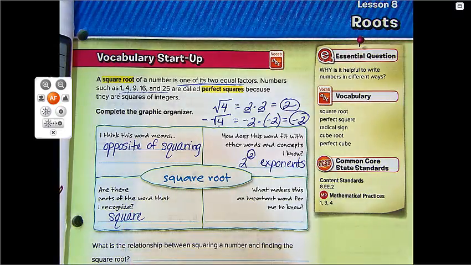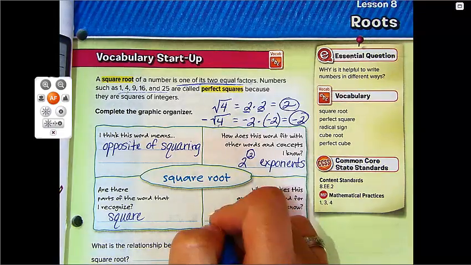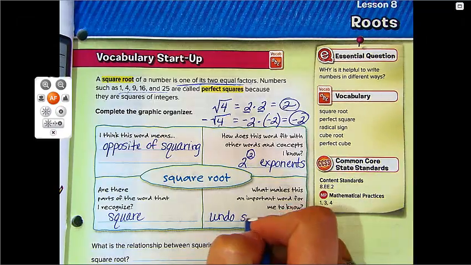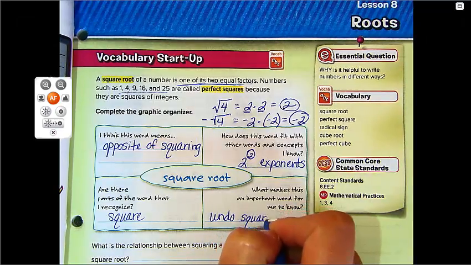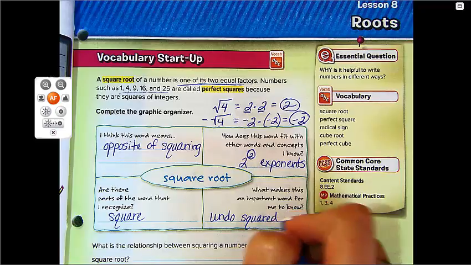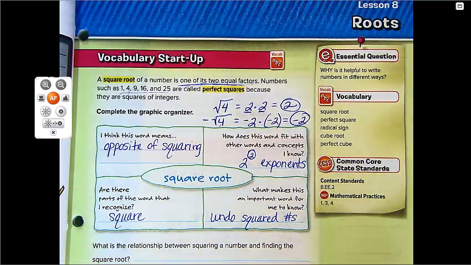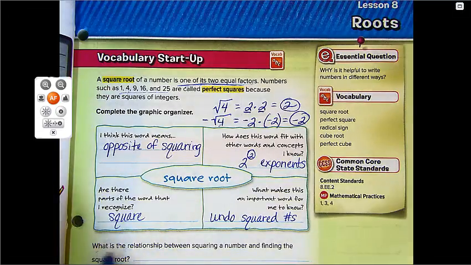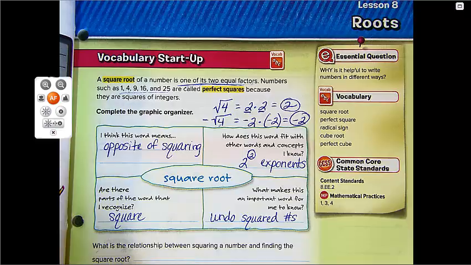What makes this an important word for me to know? Well, like I said, I can undo squaring a number. So if I have a number squared, if I want to undo that, I have to take the square root of it. So it allows me to undo squared numbers. So down here it says, what is the relationship between squaring a number and finding the square root?